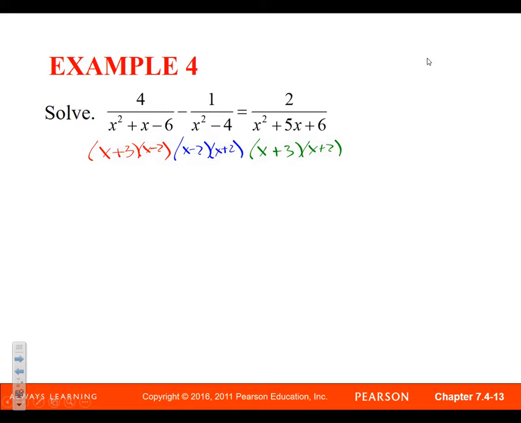Okay, so from there you guys got to grab the common denominator. What's it going to be? I don't know. Was it x plus 3, x minus 2, x plus 2?